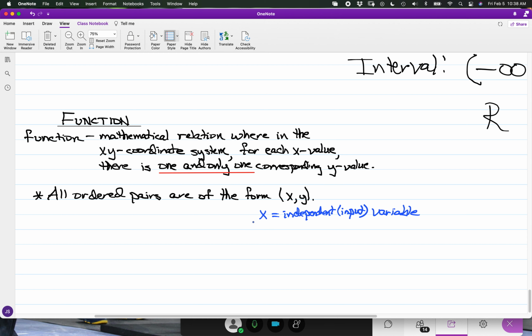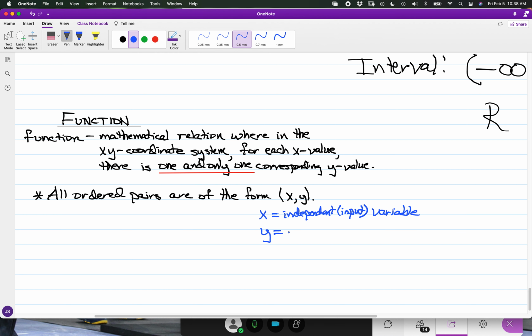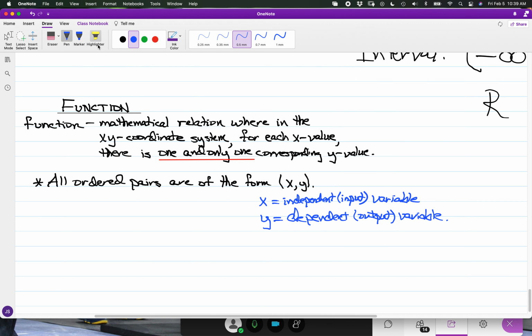And in the case of y, y is going to be referred to as the dependent or output variable. So in other words, the output or the end result is contingent upon how things begin or what is put into the system or situation.